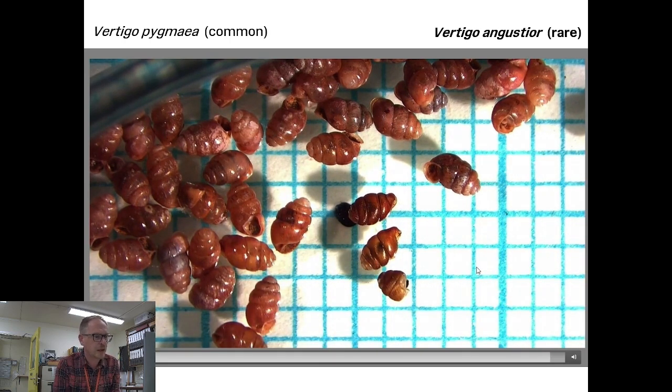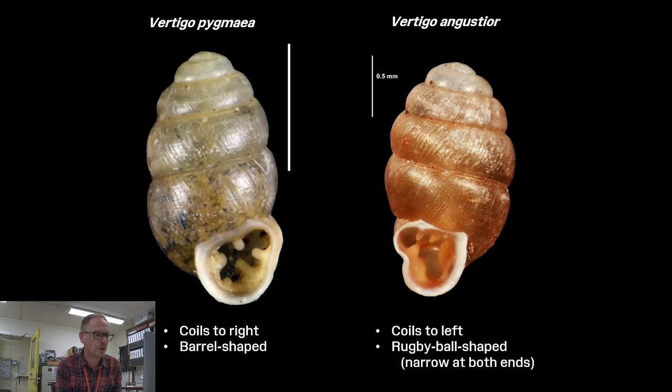But once you've done this a couple of times, you'll realise this is actually one of the easiest species of Vertigo to recognise, because it always coils the other way. So on the left we've got the Vertigo pygmaea, which is very common, and that always coils to the right hand side, which means that when you've got the pointy bit upwards, the aperture or the mouth is on the right hand side at the bottom.